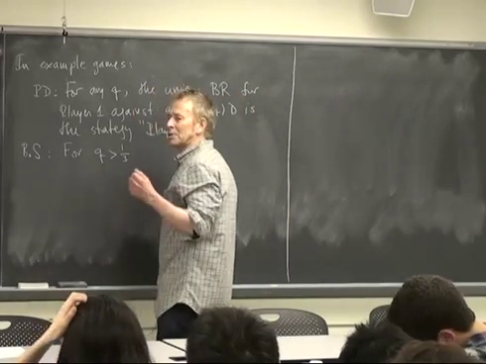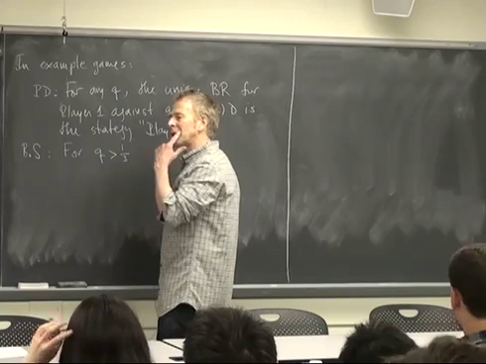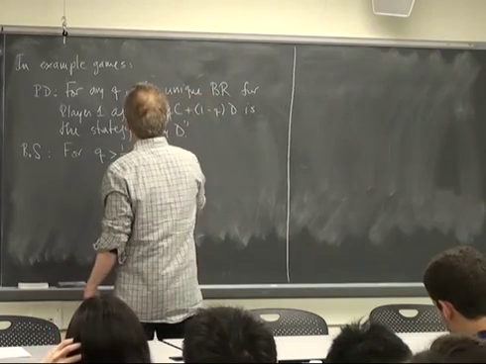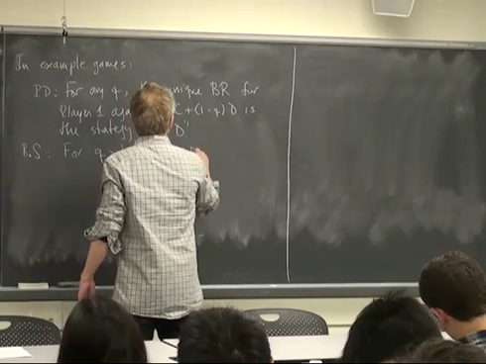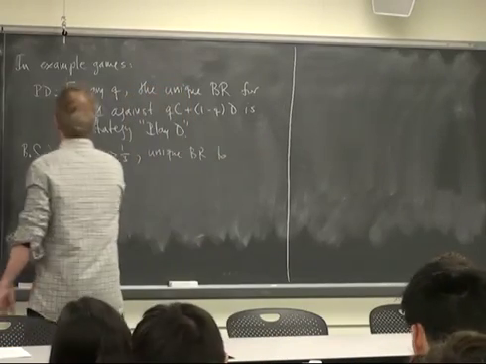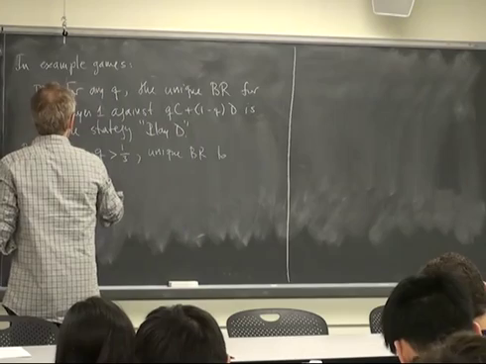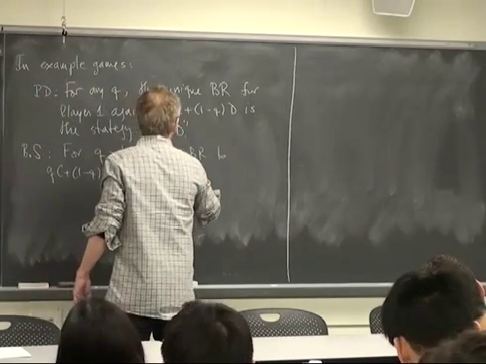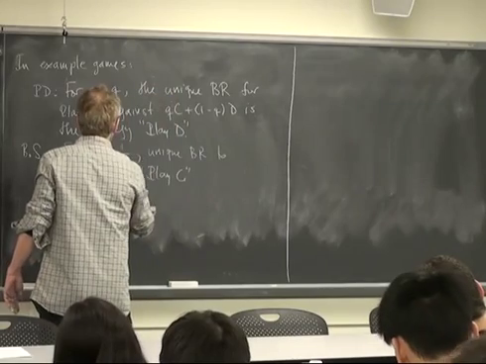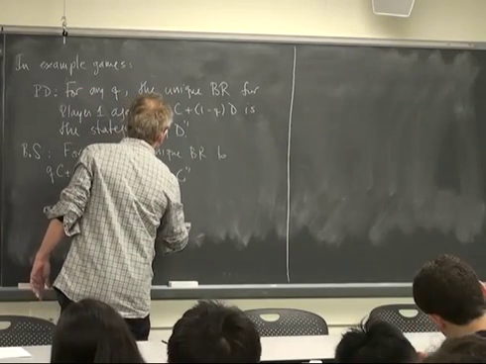And P had 2/3, right? P had 2/3 with the, okay. For Q bigger than 1/3, the unique best reply to QC plus 1 minus QB is the strategy play C. And for Q less than 1/3, it's going to be play B.